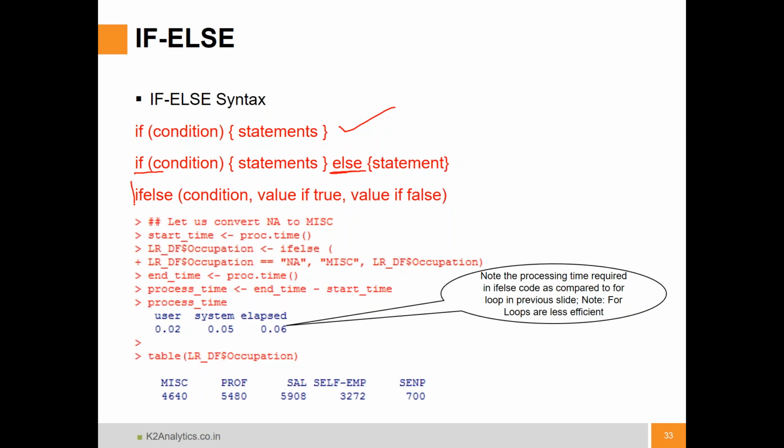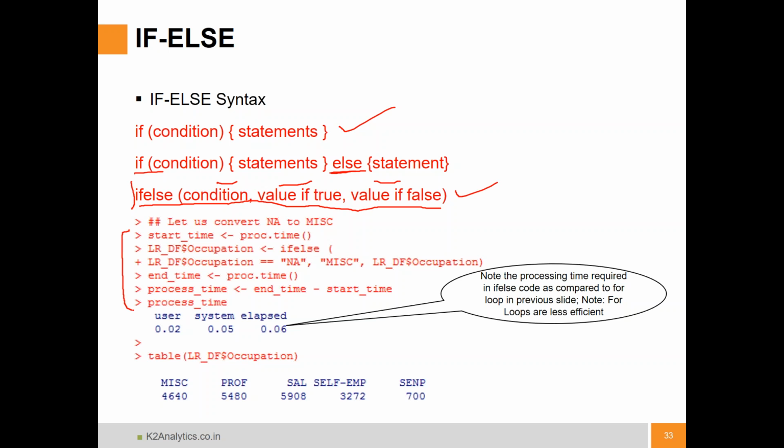This if else can also be written like this. If condition true, then what should happen? Else what should happen? If you have worked on Excel, you will know Excel implements this if else, the third one. Here again I'm doing a start time and process time.